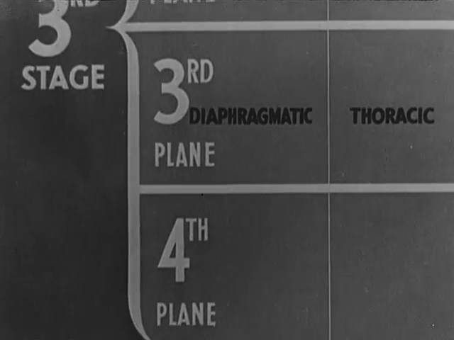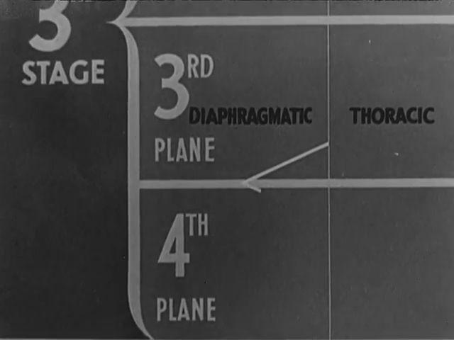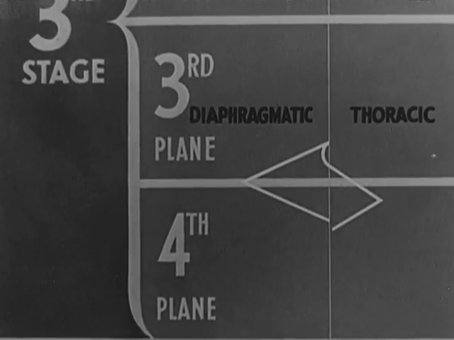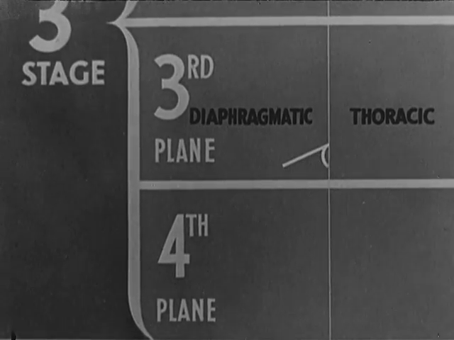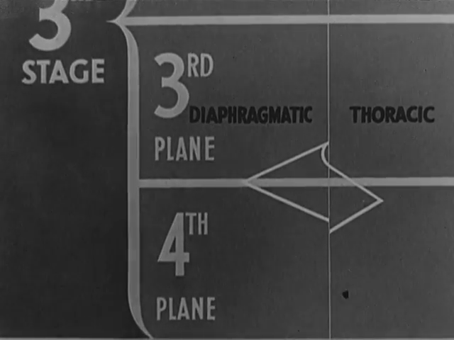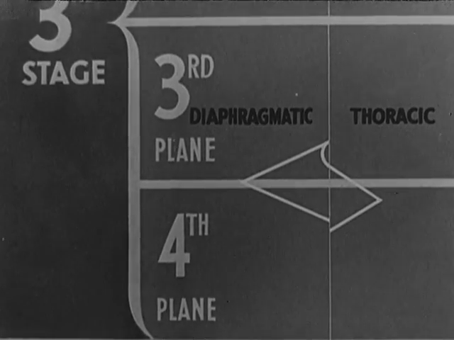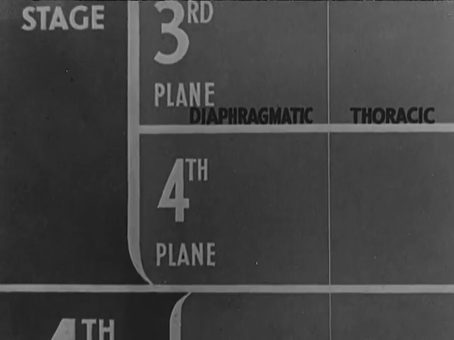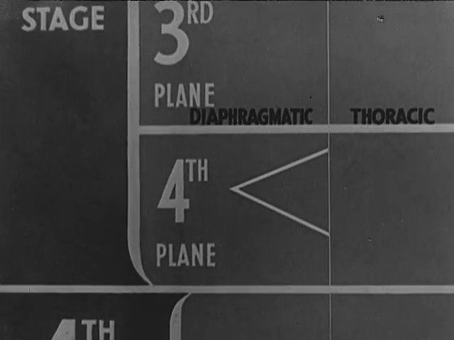Finally, as the intercostal muscles become fully paralyzed, the chest wall is passively drawn in during inspiration and passively pushed out during expiration. In the fourth plane, intercostal paralysis is complete, and breathing has now been taken over entirely by the diaphragm.